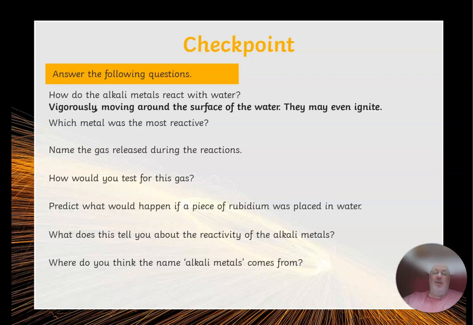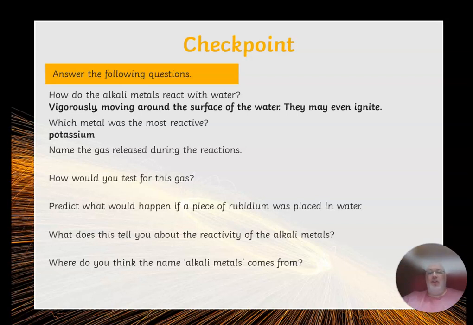Now, it wasn't shown in the video, but if you were to place a piece of filter paper in the water, particularly with sodium, the sodium would then be restrained, and rather than the energy produced being turned into kinetic energy, the energy level would build up and the metal would light. And whereas we got a lilac-coloured flame with the potassium, we would get an orange-coloured flame with the sodium. The most reactive metal, hopefully that was clear to everybody, is potassium.